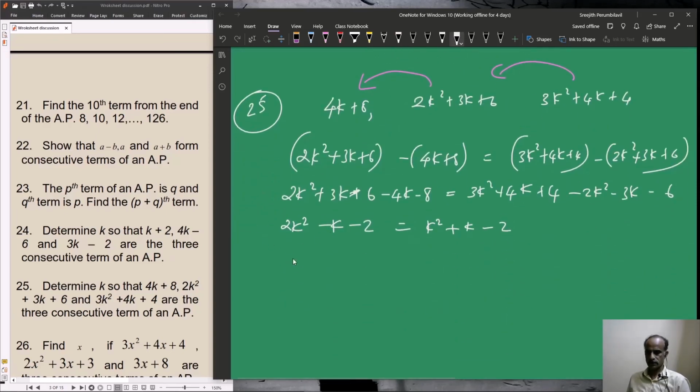Bringing terms to this side, 2k square minus k square minus 2k is equal to 0.